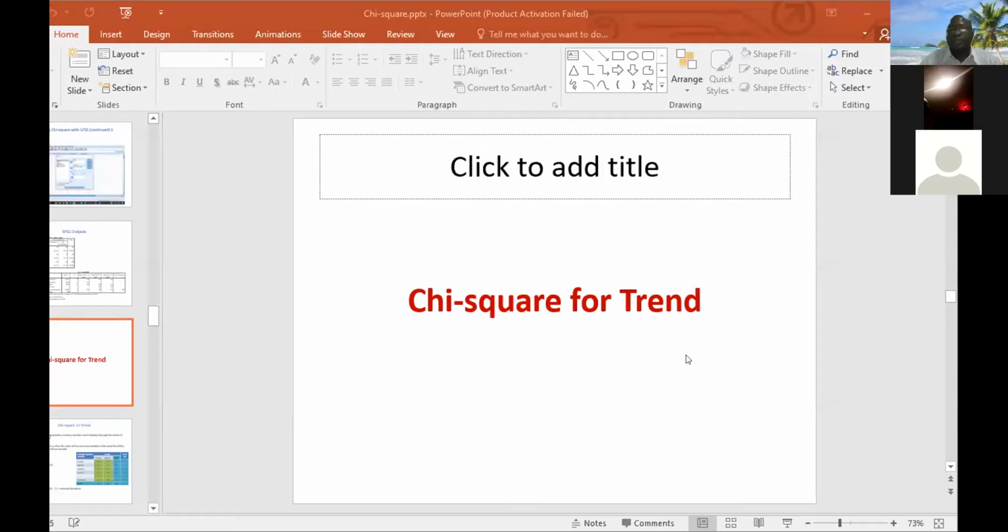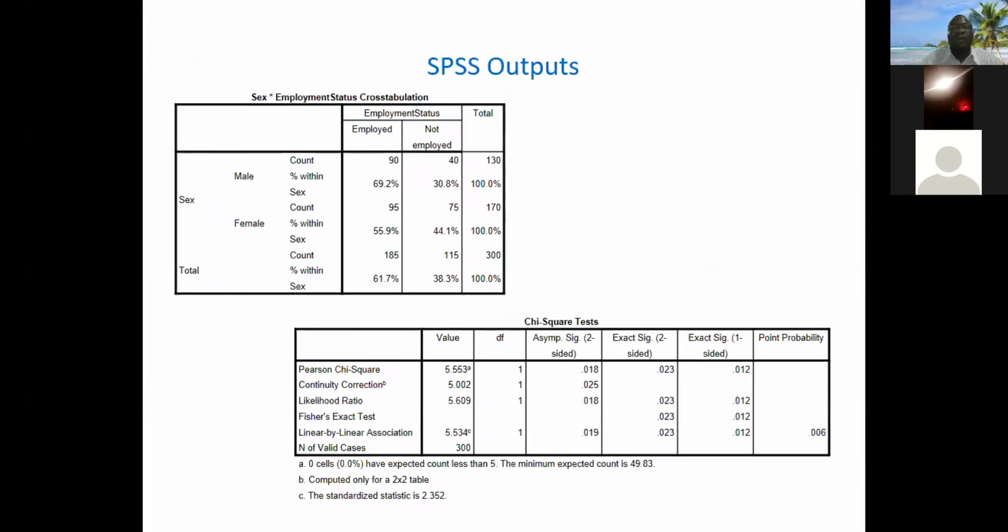Yeah, sorry for that. What I want to show is that 69.2% of the males are employed, while 30.8% are not employed. 55.9% of the females are employed, and 44.1% are not employed.